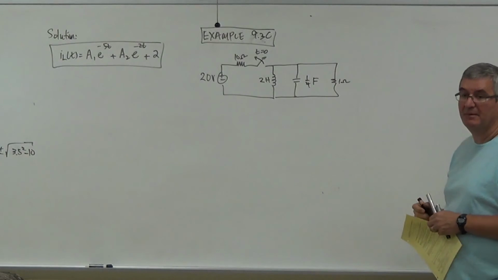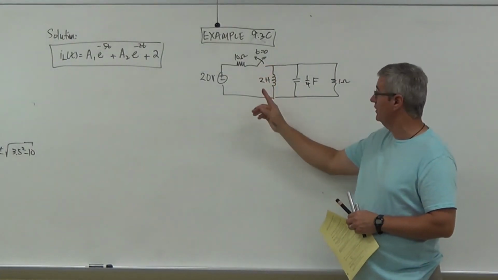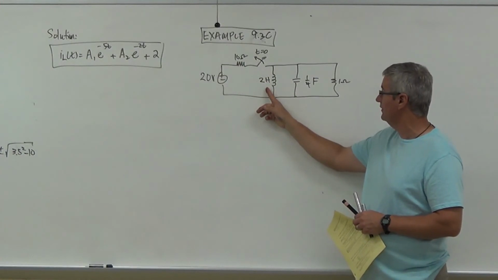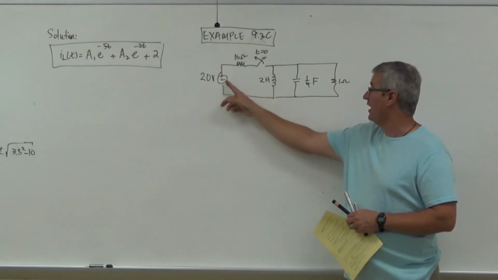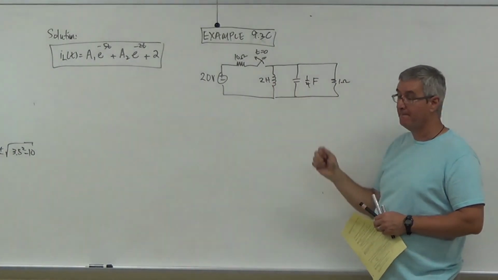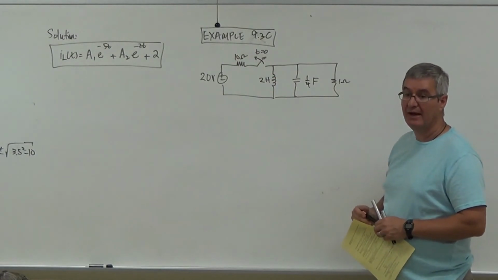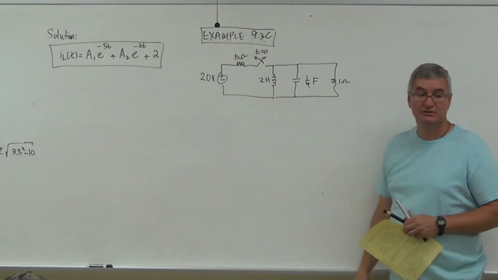So let's think about this physically before we do anything. The thing that's closed, what's it going to do? It's going to short this guy here. So then that means I only have one loop, because that short's going to kill everything off right here. So if I now open this switch, what happens? There are no more sources.